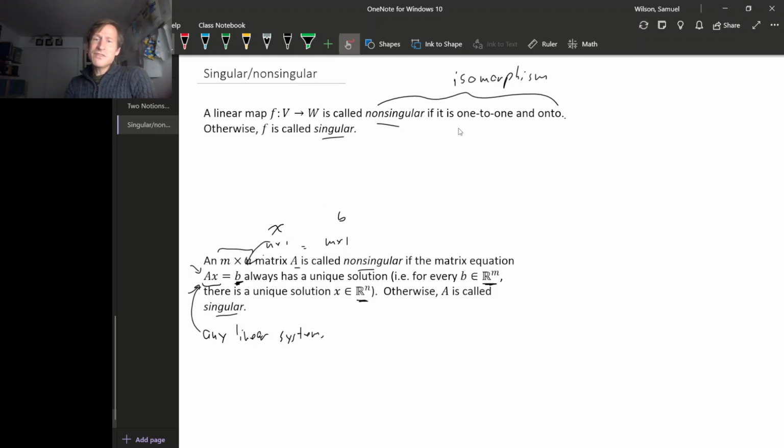So if F is non-singular, that means two things.